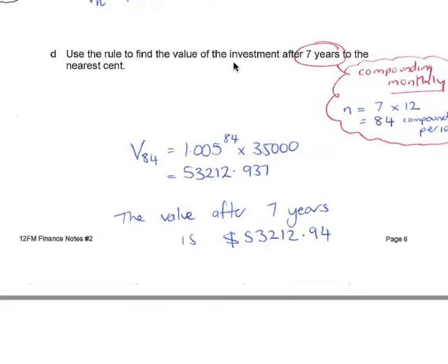Use the rule to find the value after 7 years. Now all we need to do is find n. Remember, it's compounding monthly, so we're doing 7 times 12, which gives us 84 compounding periods.